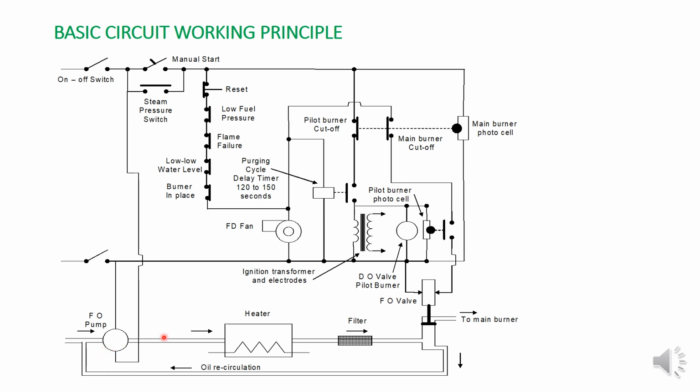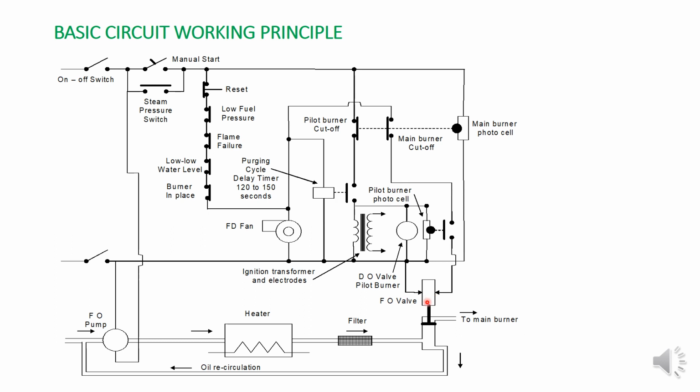Once you start the fuel pump before starting the boiler and the fuel is circulating through the fuel oil pump, then once the pilot burner is fired, this flame scanner will detect that the pilot burner is fired, and it will close this contact and the contact of this fuel oil solenoid valve. This means the main fuel oil solenoid valve will get activated.